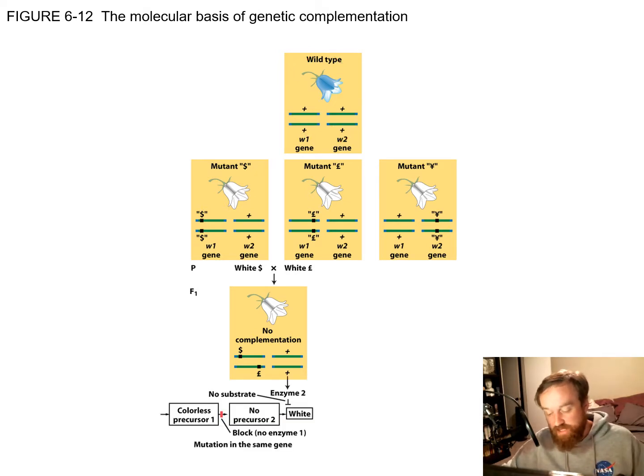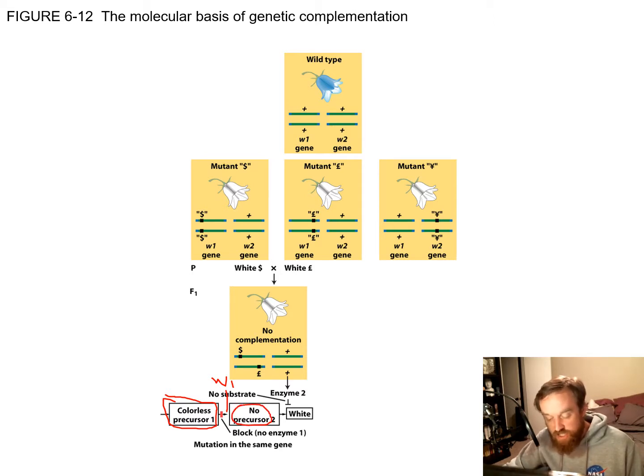So let's explain this through a biochemical pathway. In this example, we have a compound called colorless precursor 1. It's just a little molecule floating around in the flower. Generally, the role of gene W1 is to turn colorless precursor 1 into a second compound.